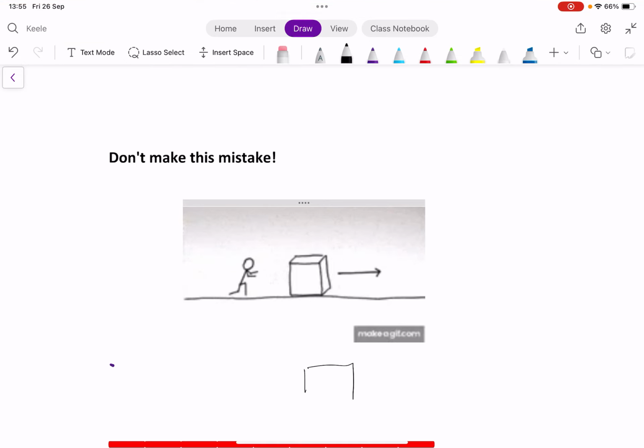The only force on the box as it's sliding across is a frictional force. This would cause the box to slow down and stop. The box will not keep moving because you're still pushing it. Once you stop touching it, you are not applying a force on it. And don't forget, the whole time, we've also got the weight and the normal reaction force from the floor.